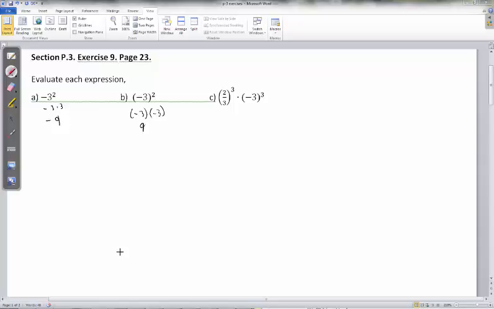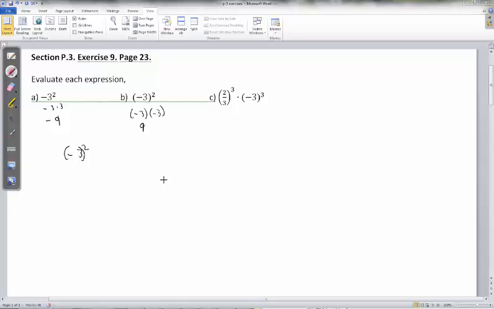Honestly, the place I see students mess this up the most is not on problems like this. It's when they try and take something like this and plug it into the calculator. Because most of my students would just type negative 3 squared, but that'll get you this. If you want to square a negative 3, you need to make sure it's in parentheses.